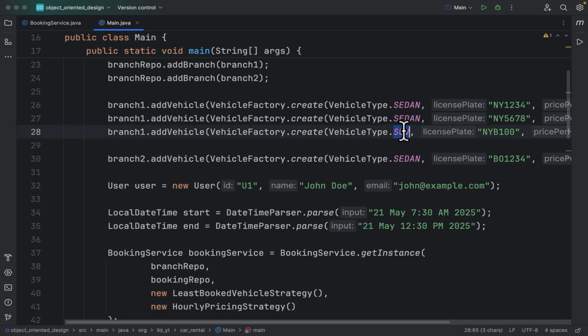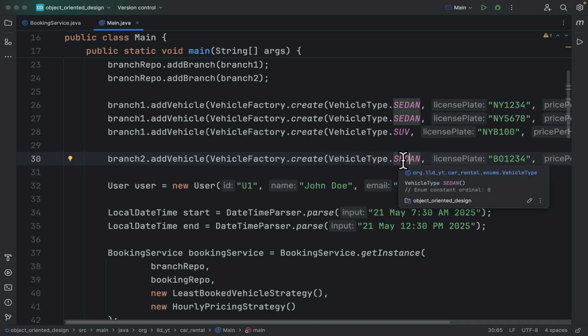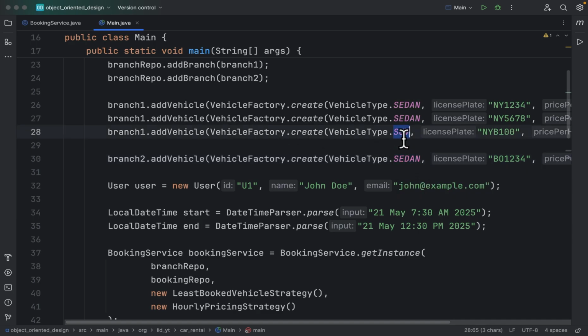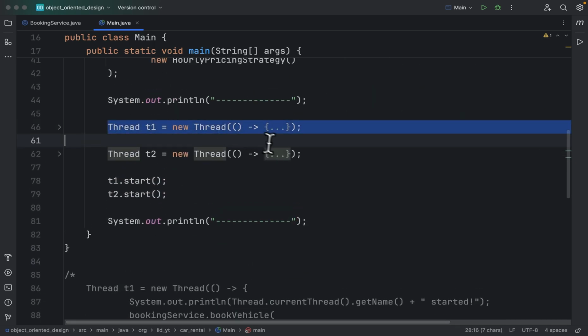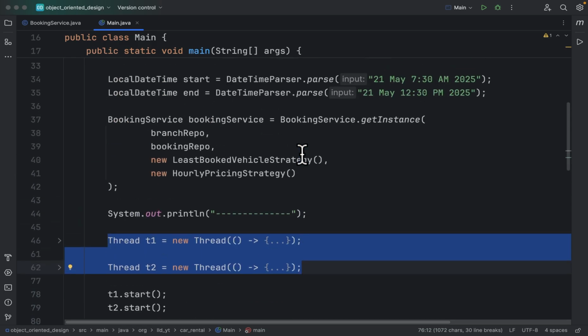There is only one SUV in branch B1 and two different users will try to book that SUV simultaneously. Then only one of them should get it, right? So let's see whether both threads will be successful in booking or only one thread will be successful in booking.